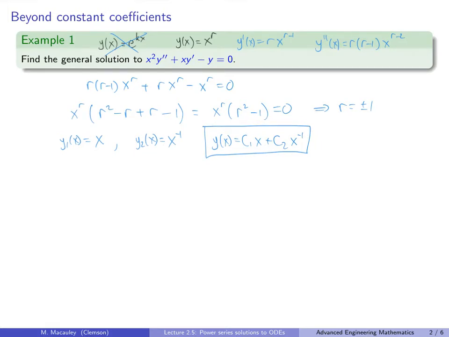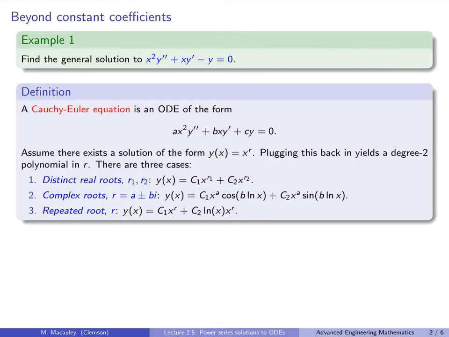So this was a simple example. I did this so the roots would be nice and distinct and real and also very simple, but you can imagine that there are two other cases when you have complex roots of the form a plus bi, and also when you have a repeated root. Now, I'm not going to do examples of all three of these cases.